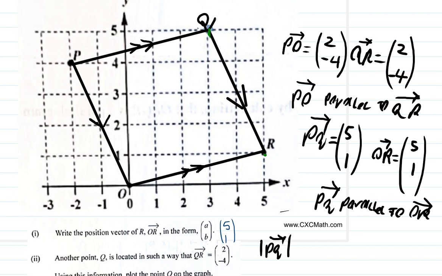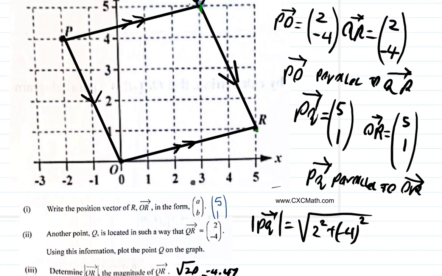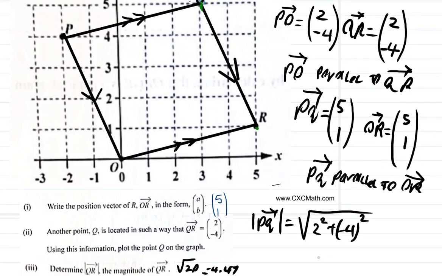The magnitude of PO will be the square root of 2 squared plus negative 4 squared, and the magnitude of QR from the information up here would be the same, 2 squared plus negative 4 squared.